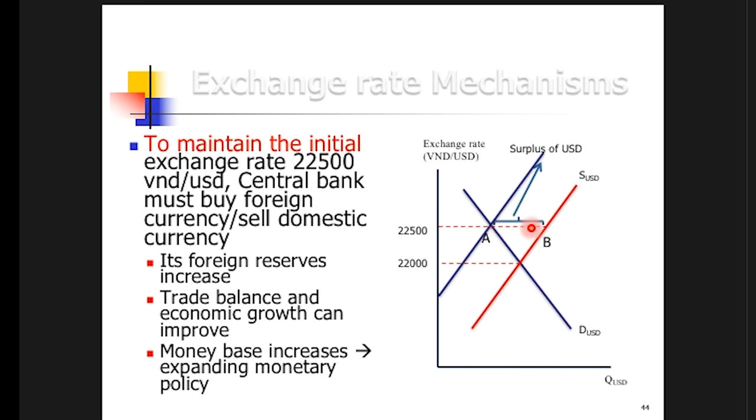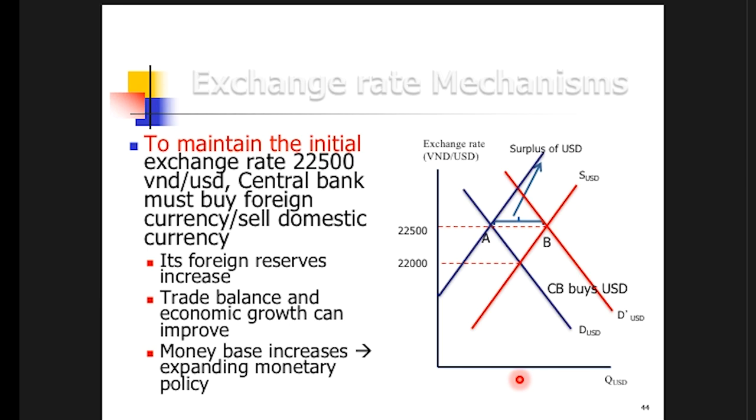So the distance between A and B shows the surplus of US dollar in the market. Now the central bank should buy this surplus of US dollar, and so increase the demand for US dollar. And finally, we have the new equilibrium at point B, and the exchange rate is maintained at the initial level.